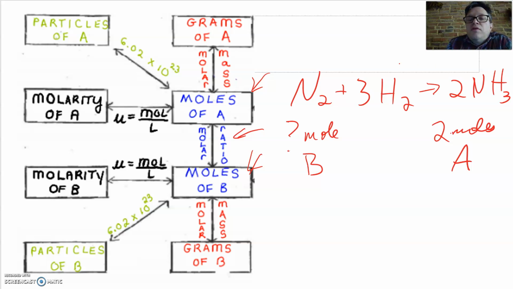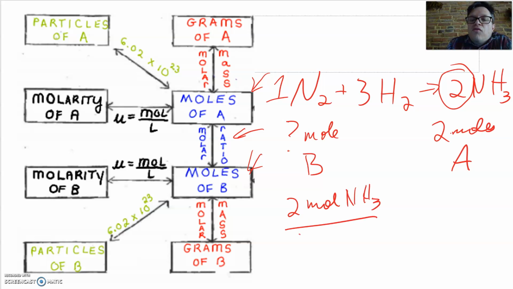So what's the molar ratio? Well, it's what we've been hinting at already. It takes 2 parts ammonia to make 1 part nitrogen. So the molar ratio is 2 moles ammonia for every 1 mole nitrogen.